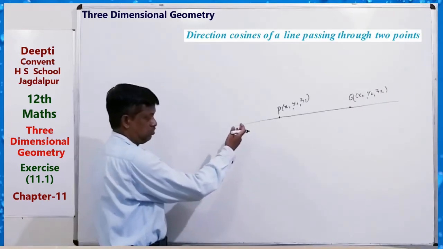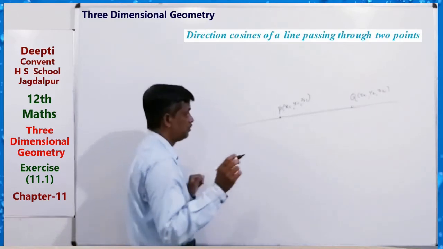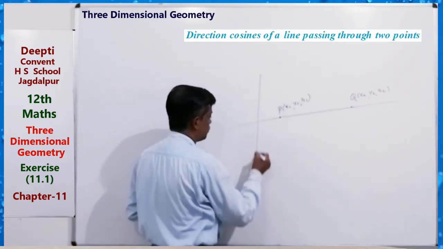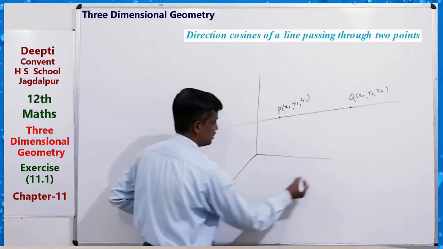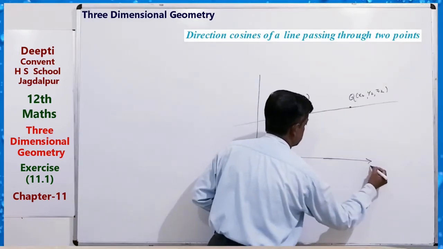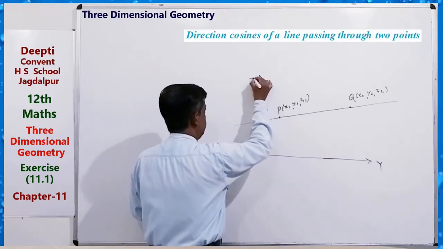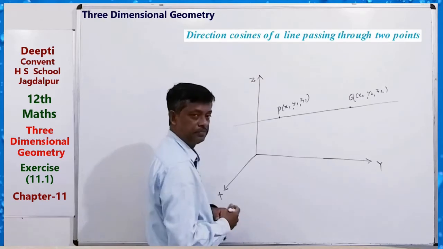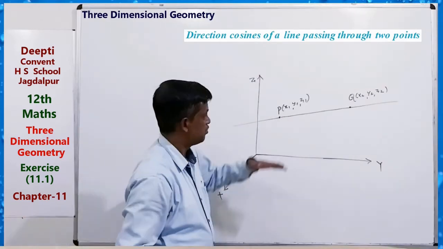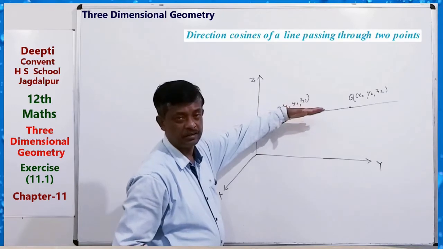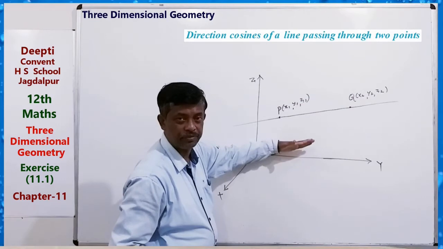So this is PQ. Suppose this is the x-axis, this is the y-axis, this is the z-axis. Now this line is passing through here. We can also draw a parallel line here.